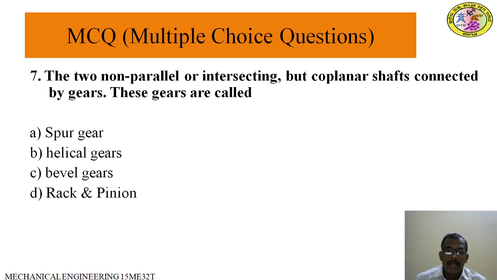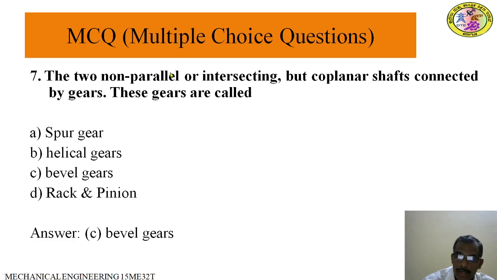Okay, the right answer is bevel gears here. These are the non-parallel but intersecting and coplanar. One shaft will have an axis of rotation in the x-axis, the other will have an axis of rotation in the y-axis. They are perpendicular to each other.